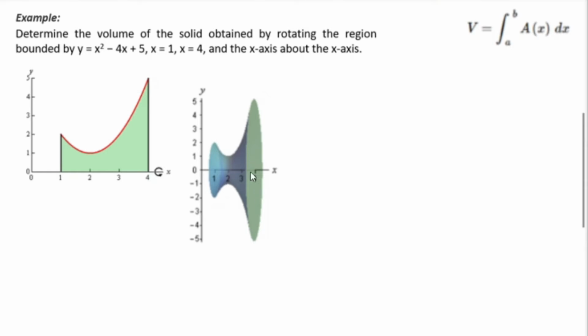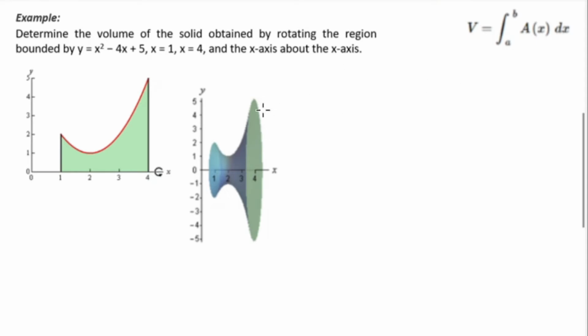So we need to find first the area. We have from this point up to this point, which is equivalent to the radius, and the radius is equivalent to y. So y equals x squared minus 4x plus 5, which is the maximum distance along y when the x value is 4.